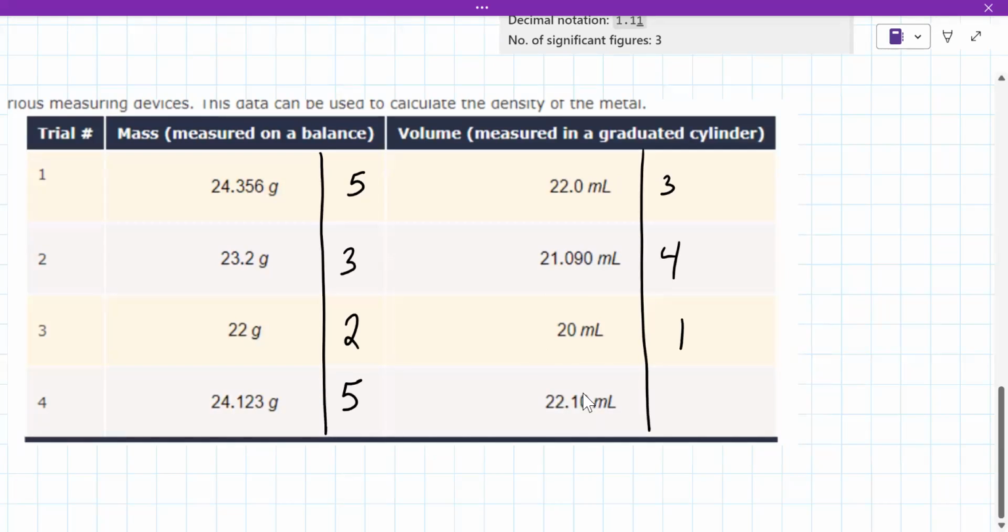Even 22 point, if it comes after the 9, I read somewhere that it counts, so let's take a look. That might be an exception here. You are correct. So if it's after the decimal point, it is 5. So this would be 4.